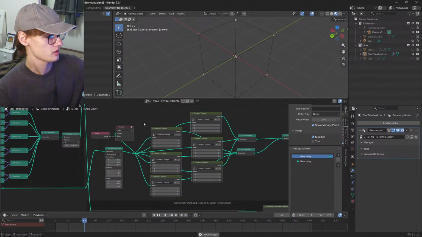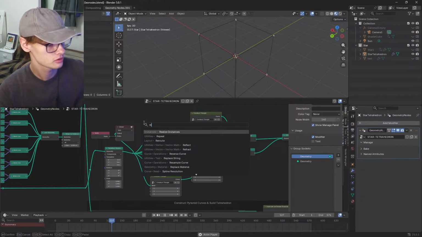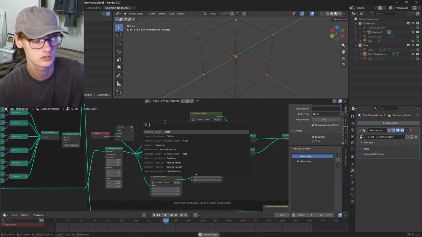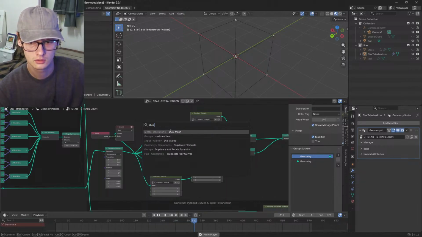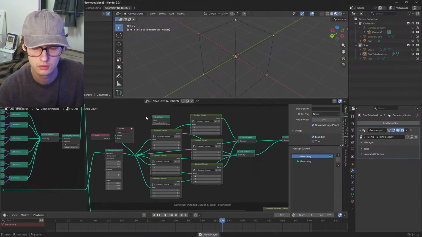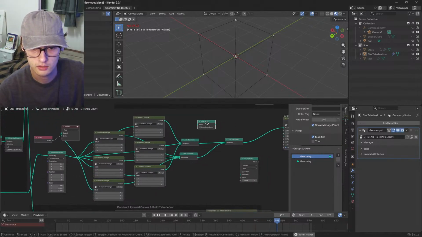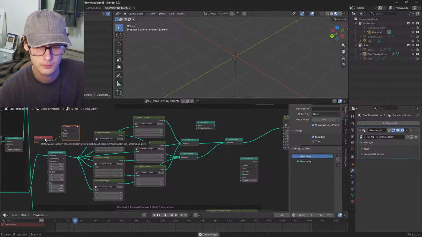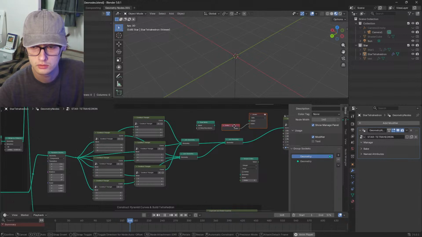There's a node I learned about called remesh. No, dual mesh, that's what it is. And that is gonna create some... Is this gonna do what I think it will?